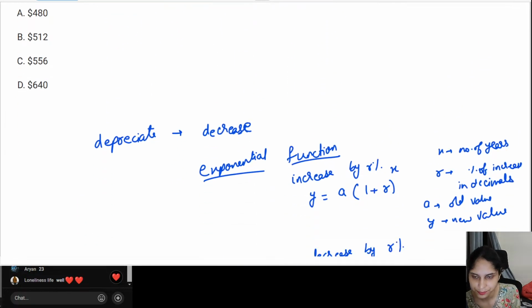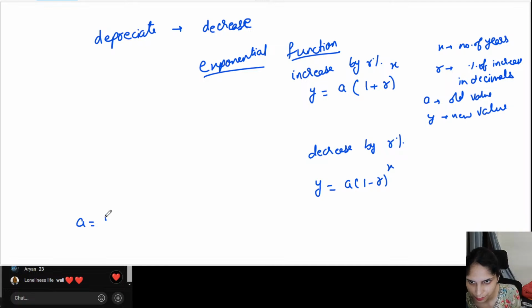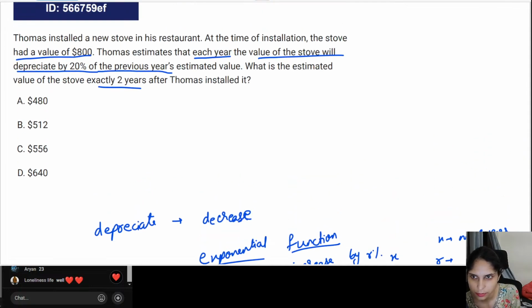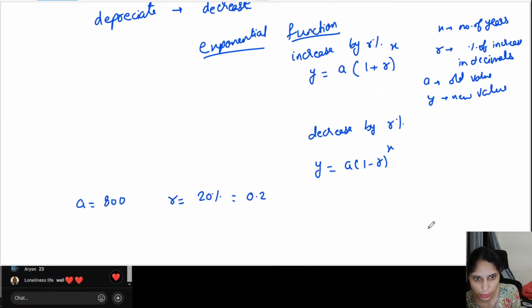Okay. R is going to be, we have to get the value in decimals, 20%, that is 0.2. And the value of x, because you have to find out after 2 years, the value of x is 2.